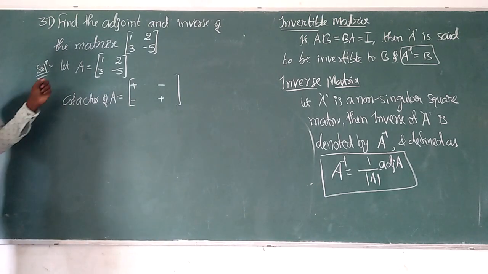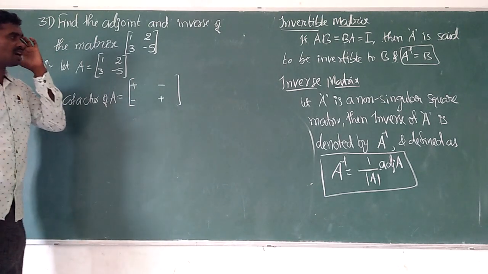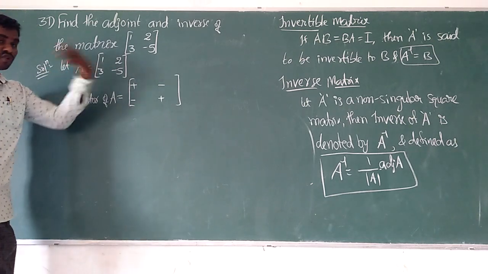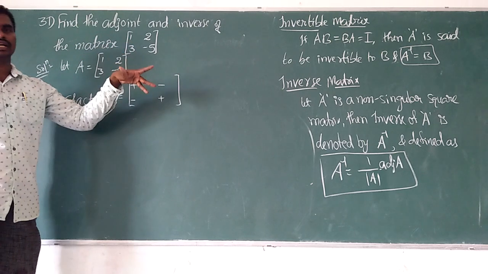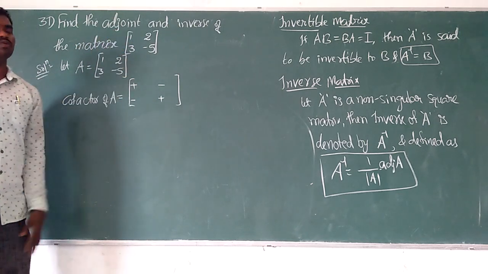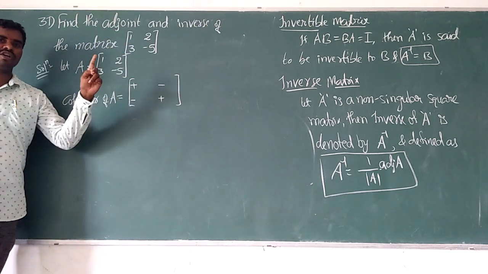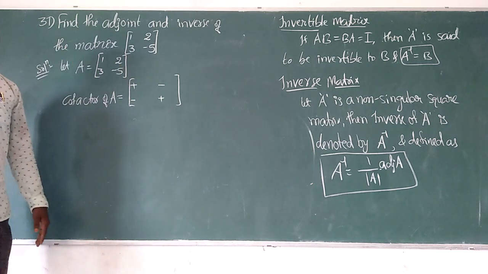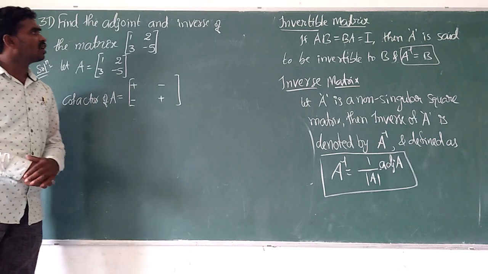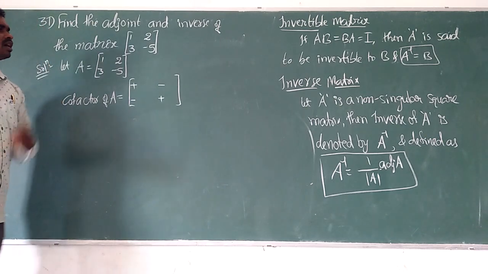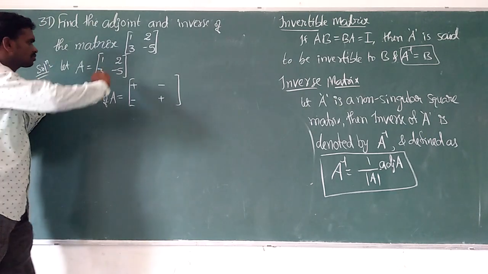In 2 marks questions, I am explaining how to find the adjoint of a 2 by 2 square matrix. In 4 marks questions, I will explain how to find the cofactors of a 3 by 3 matrix, and that is a very important concept because not only for 4 marks but for 7 marks also we have some important questions. So please watch the next video to get that concept.